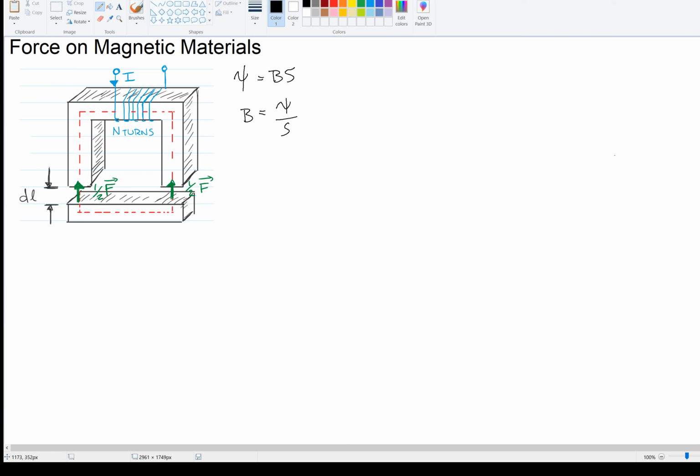Now, we can ask ourselves what force this would be attracted with by considering the work required to move the piece. The work and the energy are the same.